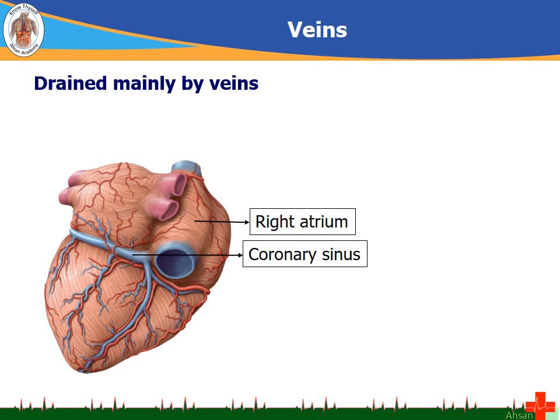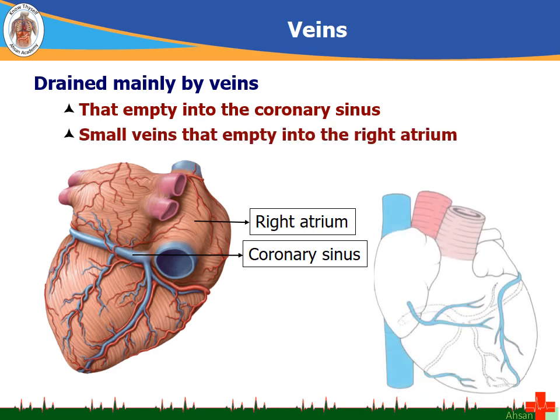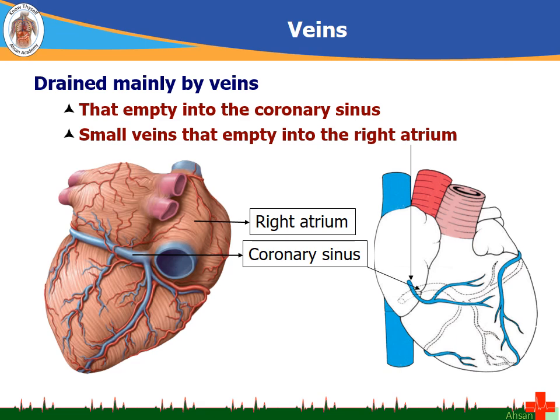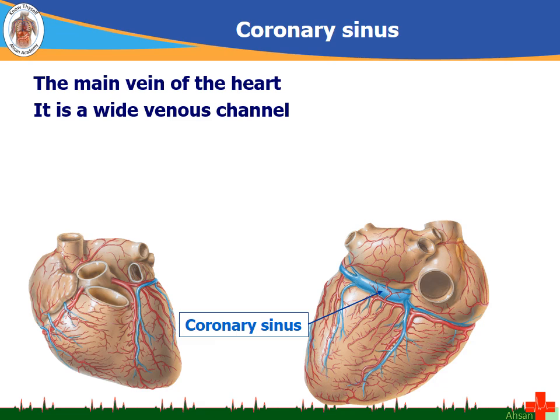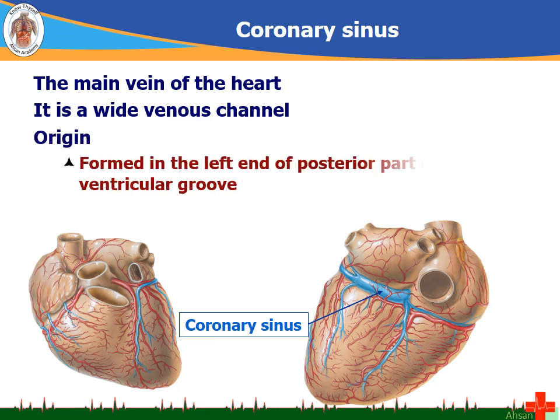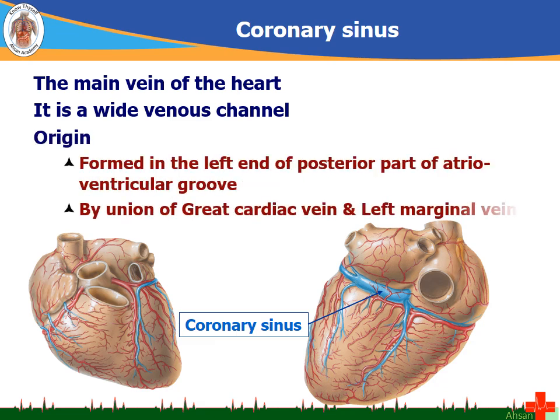Let us discuss the venous drainage. The main vein of the heart is the coronary sinus that empties directly into the right atrium. There are some small veins that directly open into the right atrium too. You can see in the figure the coronary sinus is present in the posterior part of the atrioventricular groove, and it is formed by the union of two veins.